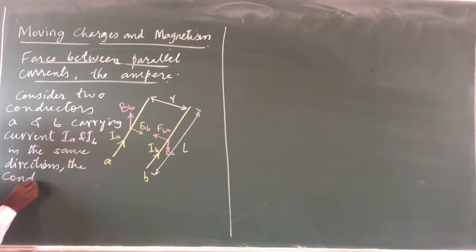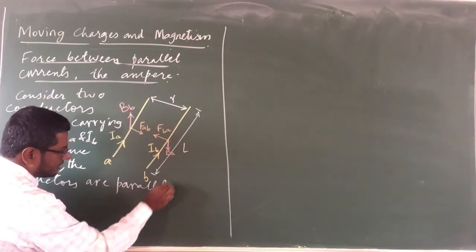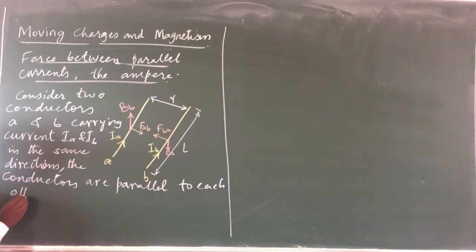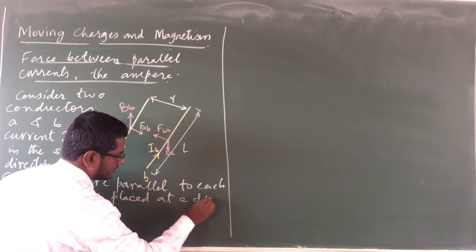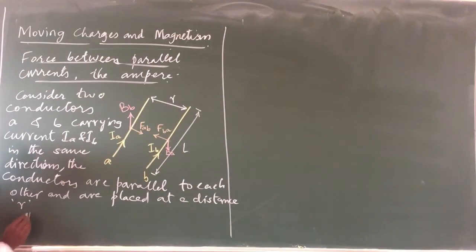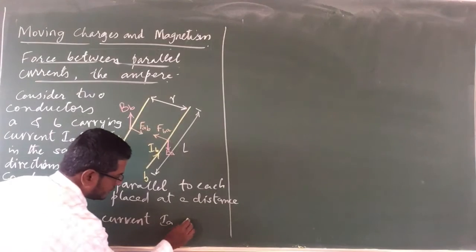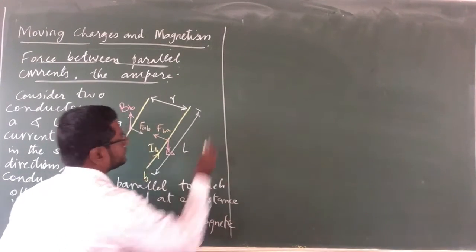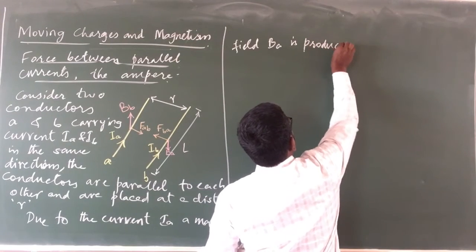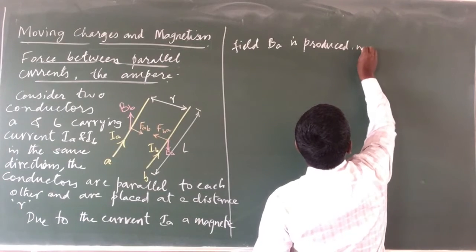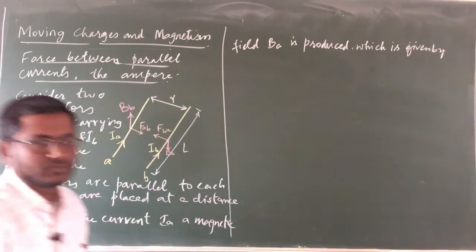The conductors are parallel to each other and are placed at a distance R. Due to the current IA, a magnetic field BA is produced, which is given by the following.